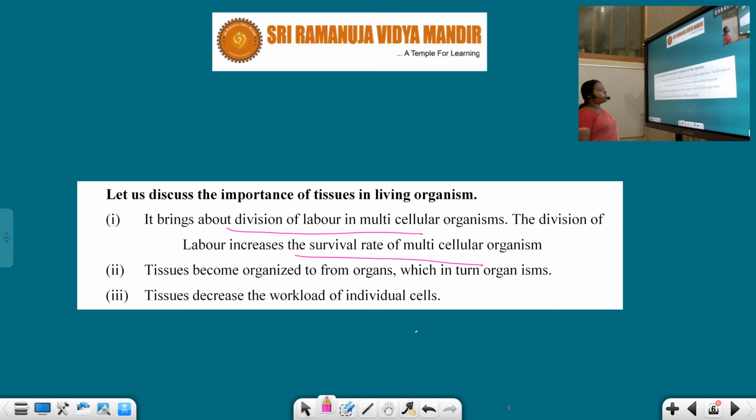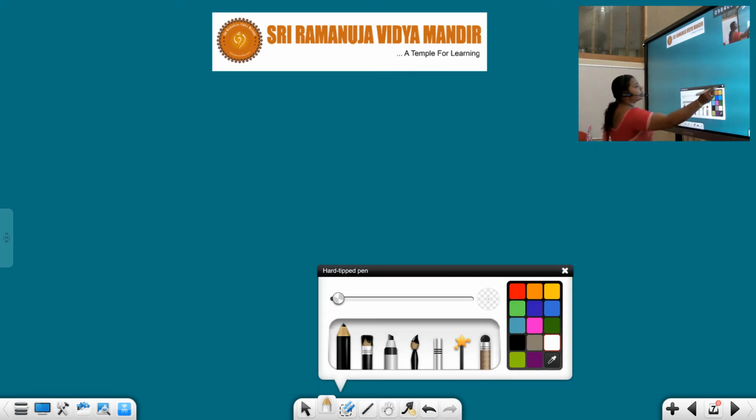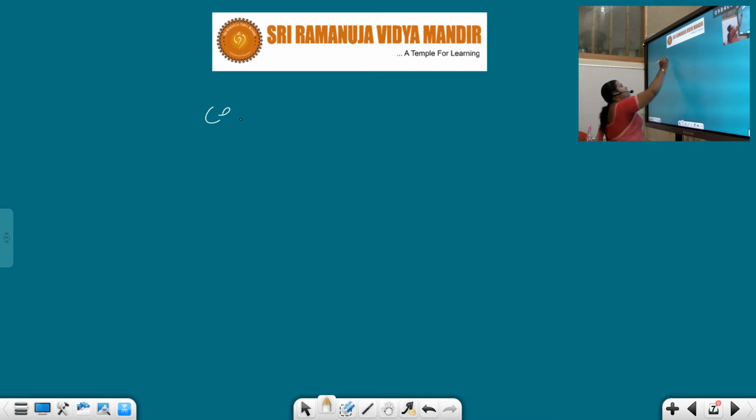Next, tissues become organized to form organs, which in turn form organisms. Let us discuss this, students. For example, a cell is combined to form tissues.